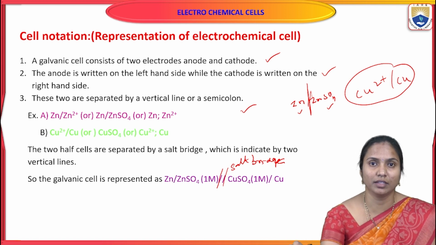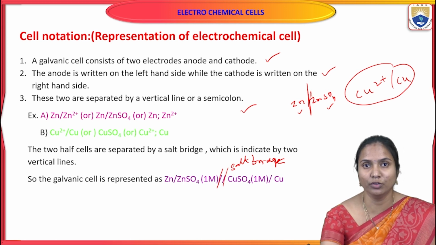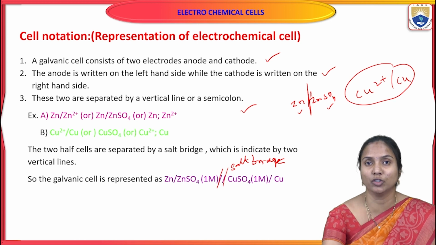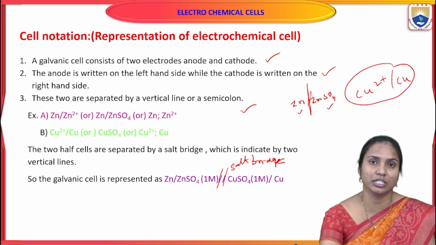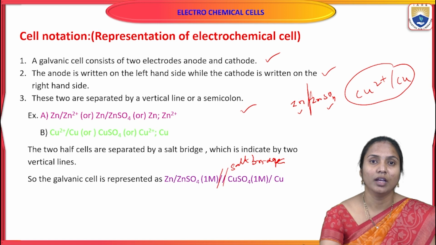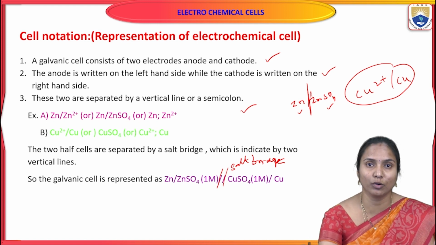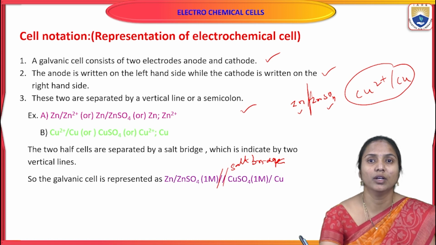So how to represent a galvanic cell? It consists of two electrodes, one is the anode and the other is the cathode. For example, zinc acts as the anode and copper acts as the cathode. Anodic reactions are always written on the left hand side, cathodic reactions on the right hand side. Here the electrode and electrolyte solution are separated by a vertical line.